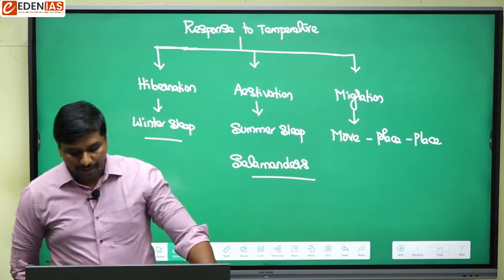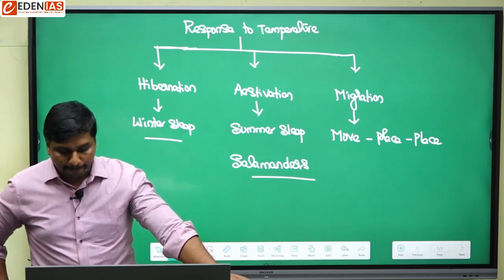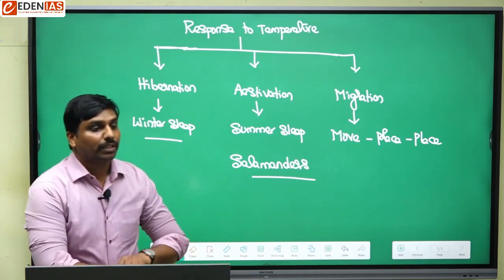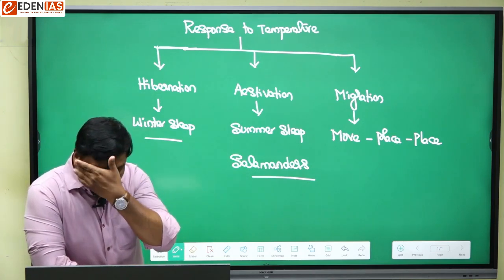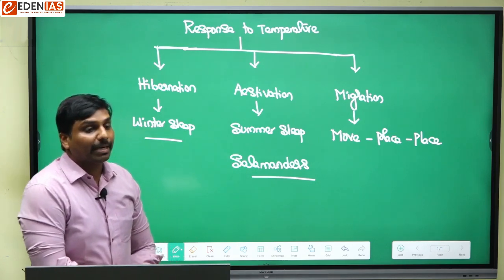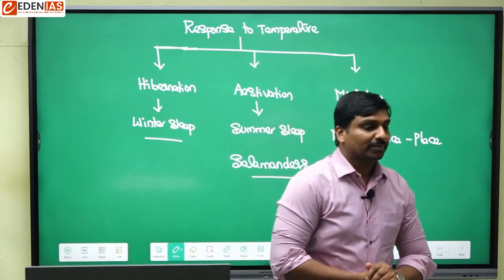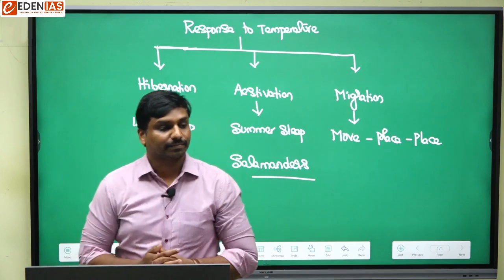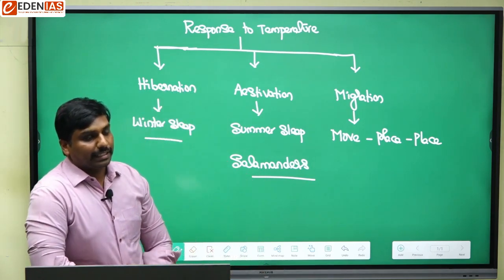Migration. There you mentioned migration occurs among the animals in order to avoid extreme environmental conditions. Okay, keep a full stop and mention in the same point.